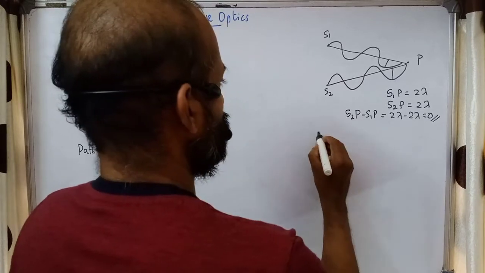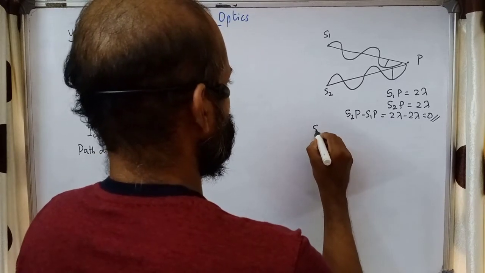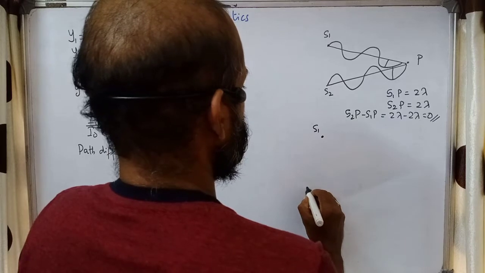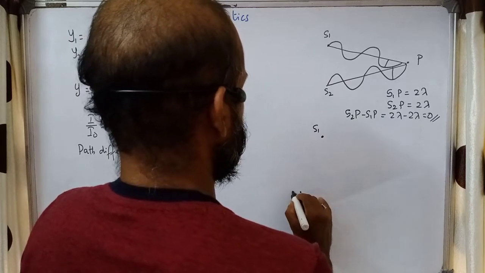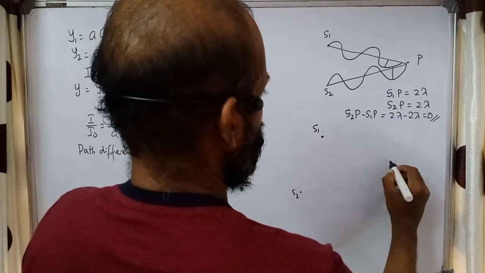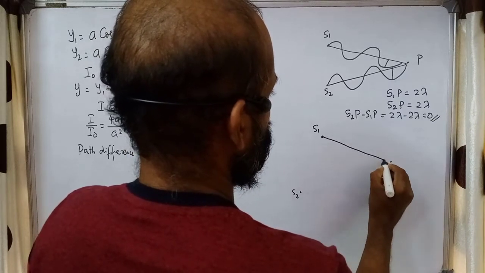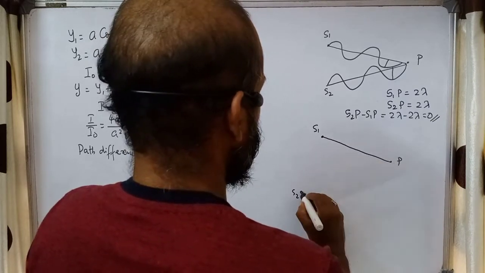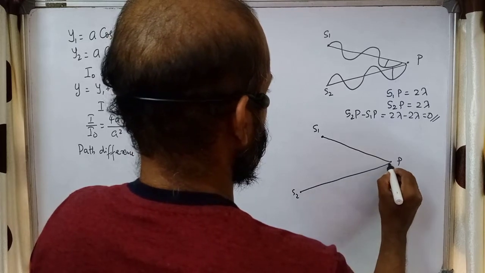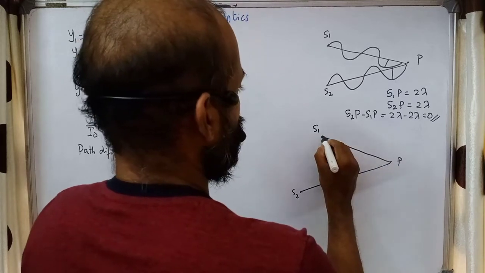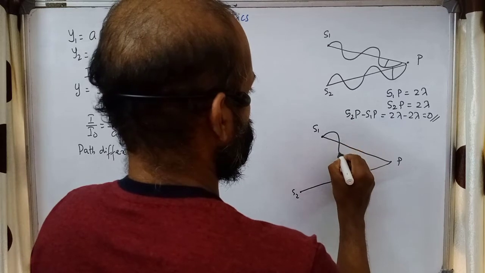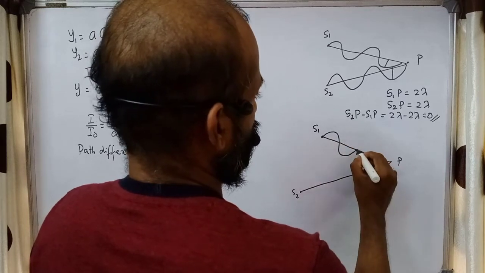I will draw here two sources. This is one source, S1. This is the other source, S2, somewhere here. So I have a point P. From S1, a wave is traveling to the point P. From S2 also another wave is traveling to the point P. Now here I have a wave like this.